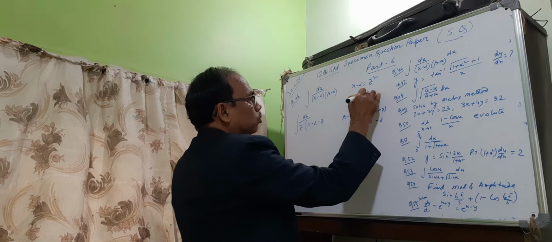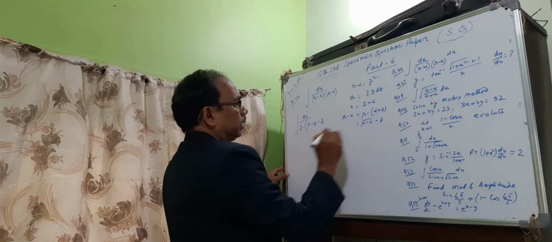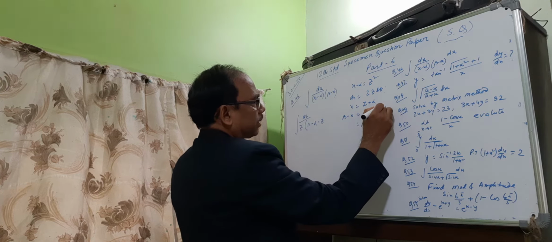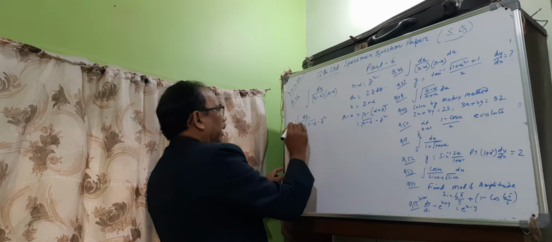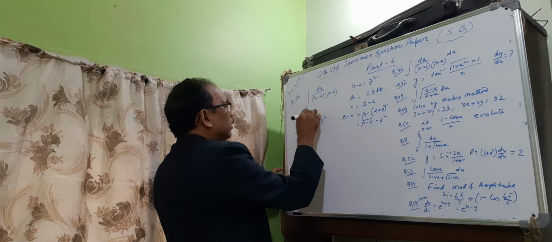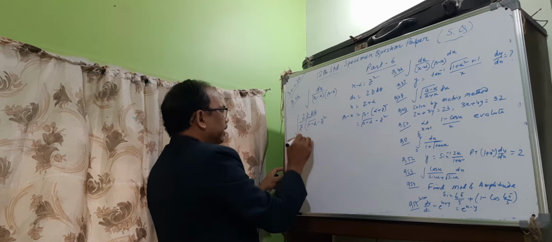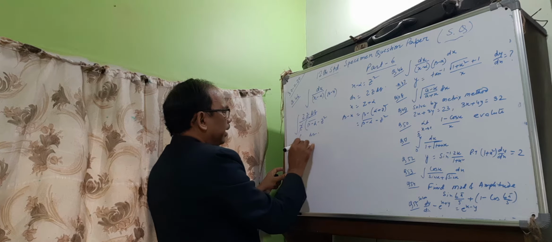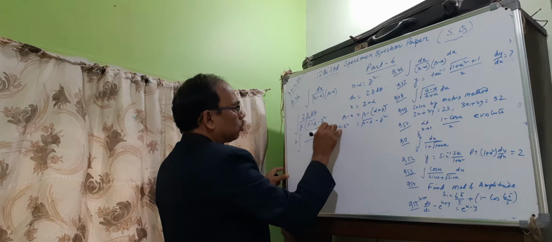Then dx equals 2z dz. Then this is z square, and this is 2z dz. 2 is outside, z cancels, dz. Let beta minus alpha equal k square.